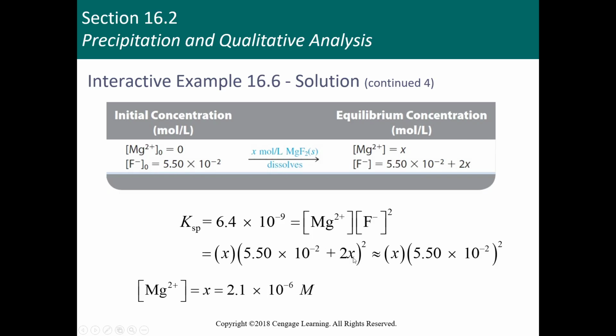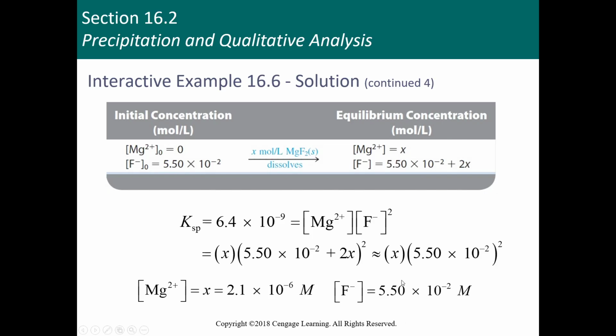And so we can go ahead and just assume this 2x is meaningless, leaving us with this right here. We solve for x. We get x equals 2.1 times 10 to the negative 6 molarity. And x would then be the concentration of Mg2 plus. That's what we set it up as, right? All right, so that will be our concentration of Mg2 plus.